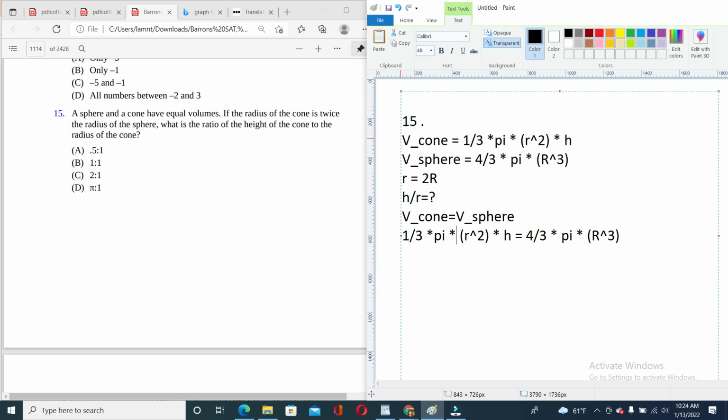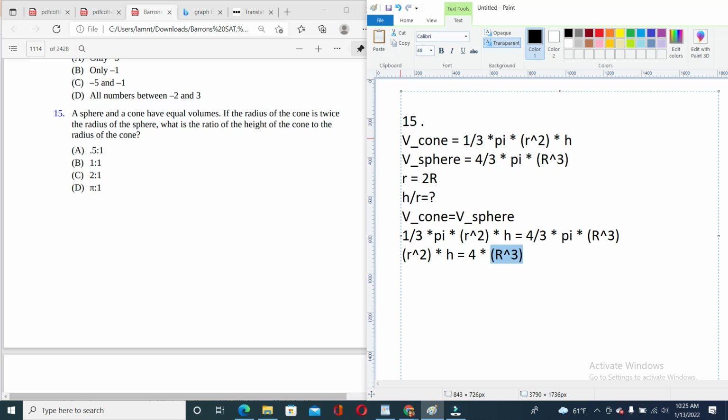So in this term we have r squared times h equal to 4. We get rid of 1/3, so we have 4 left times big R cubed, right? But we also know that small r equal to 2 big R, right?